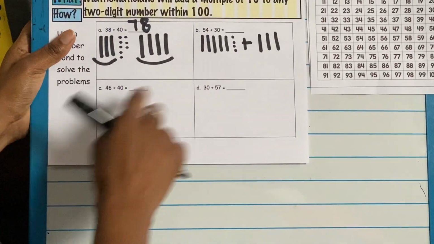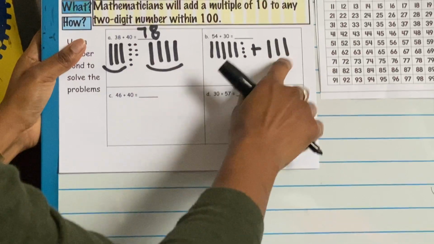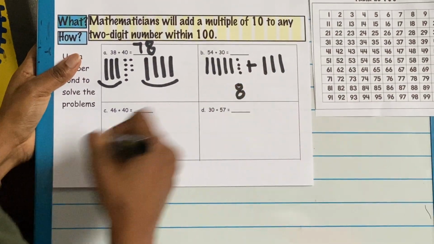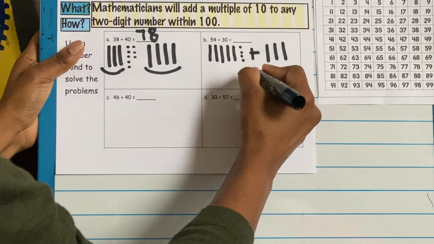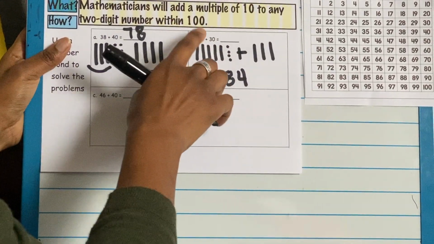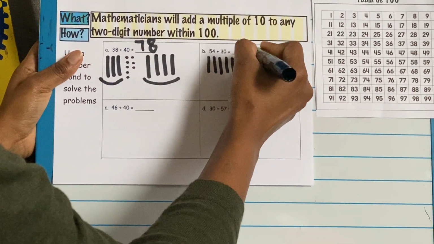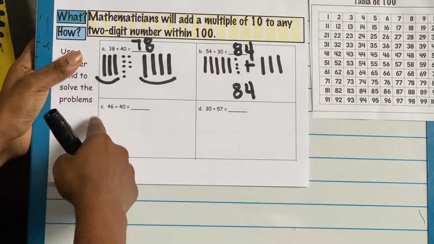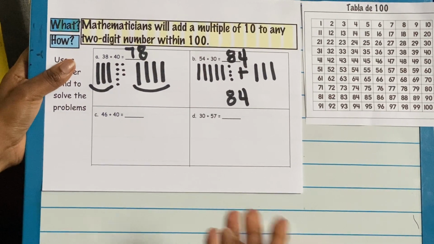We can group the tens. So we have 5 tens and 3 tens. That gives us what? 8 tens. Plus how many ones? Plus 4 ones. So 54 plus 30 gives us 84.